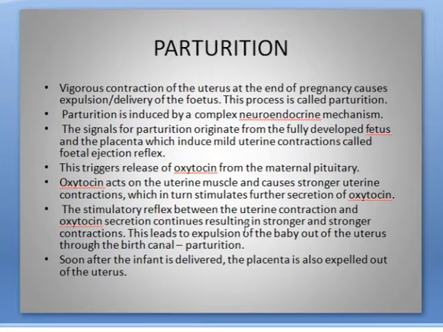The more oxytocin will be released, and finally the baby will be expelled from the uterus through the cervix, that is the birth canal, and that is called parturition. And after the infant is delivered, the placenta is also expelled from the uterus. So this is how the baby is born, and oxytocin plays an important role in parturition.